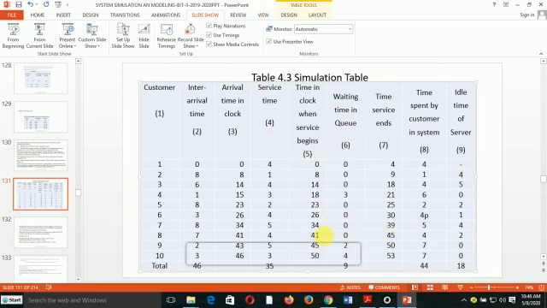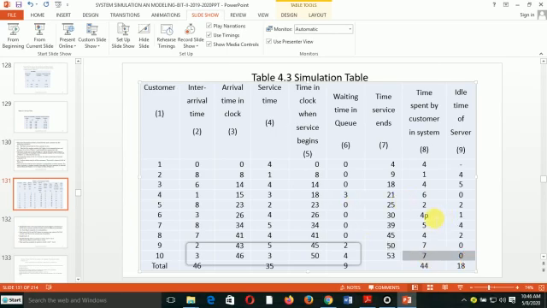For the last one, the 10th person, the service began at 50. I am going to reduce the time when the service ended for the previous customer, so it will be 0. So it will be written here.